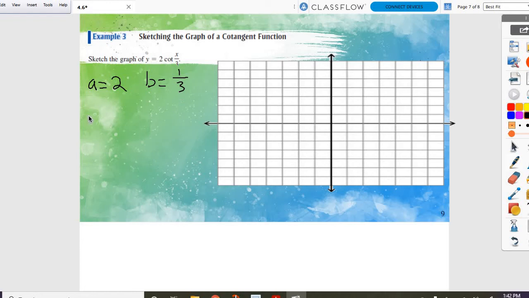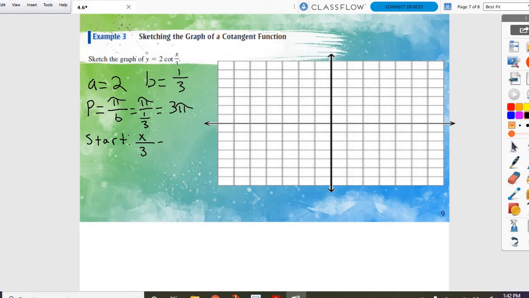And so to find the period, just like with tangent, I'm going to take pi divided by my B value, which in this case is 1/3. So we end up with 3 pi. Now what's nice is because unlike our tangent, our cotangent is going to start at 0.